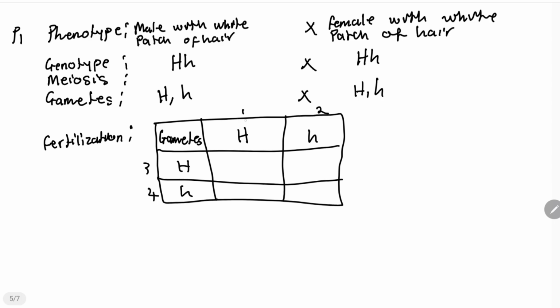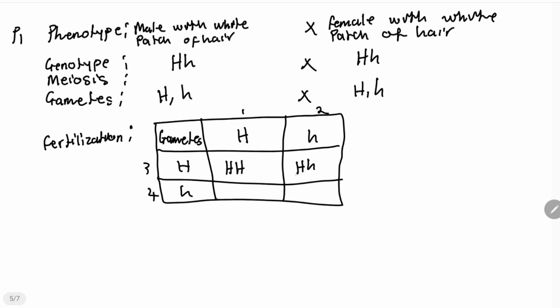Now, a combination of box number 1 and box number 3 will give me capital letter H from the top, capital letter H from the side. A cross involving box number 2 and box number 3 will give me capital letter H from the side and small letter h from the top.